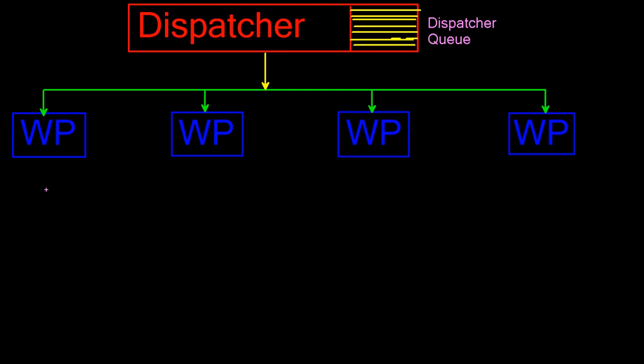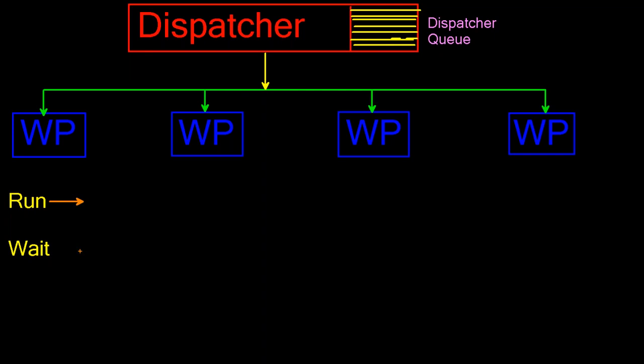Actually, work process status is of two types: running and waiting.